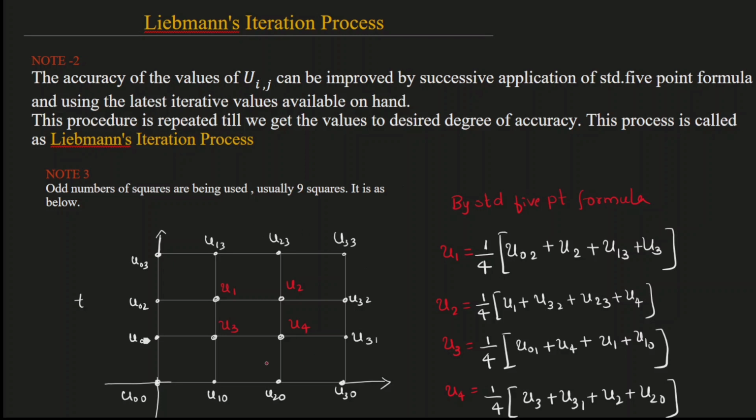Understood? Either you will be given examples with 9 squares, or examples with 16 squares with boundary conditions. Next class, we'll discuss both the examples with 9 squares and 16 squares, and we'll see how to solve such examples.